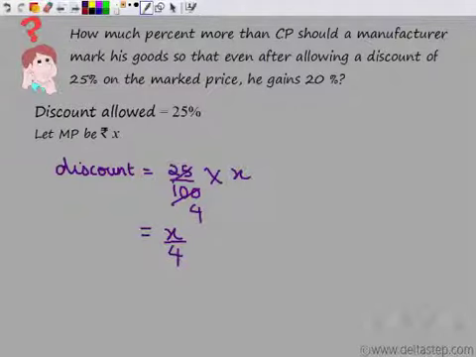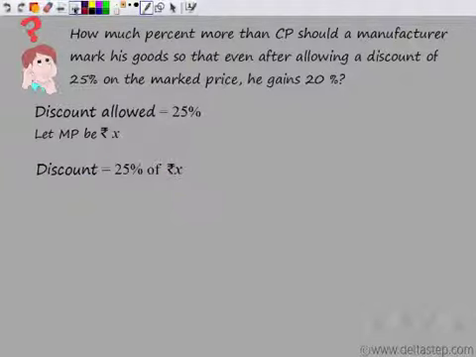So this is the discount, which is 25% of X, which is equal to 25 by 100 times X, and this is equal to X by 4.